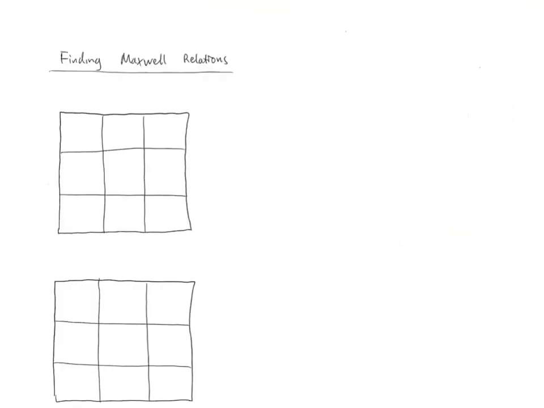All right, on this side of the sheet, I'm going to show you how to use the thermodynamic square to get the Maxwell relations. So we'll start with our mnemonic again. Good professors have studied under very ambitious teachers. Don't forget the negative signs there.